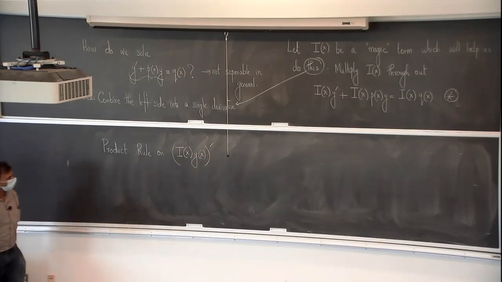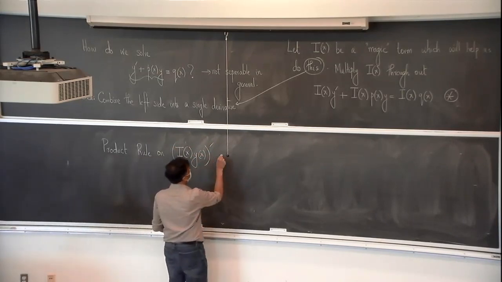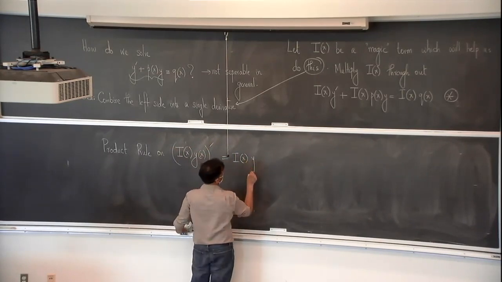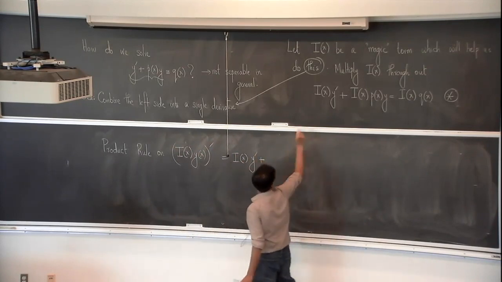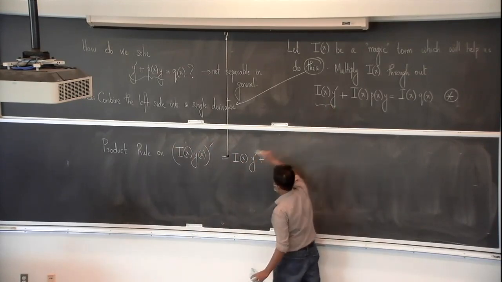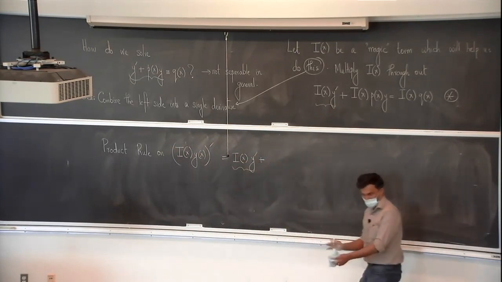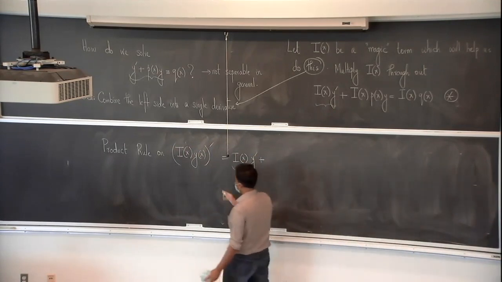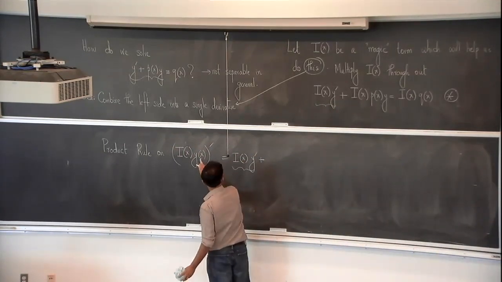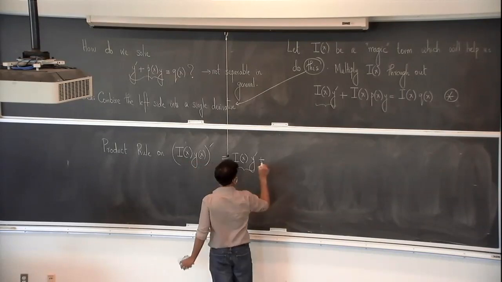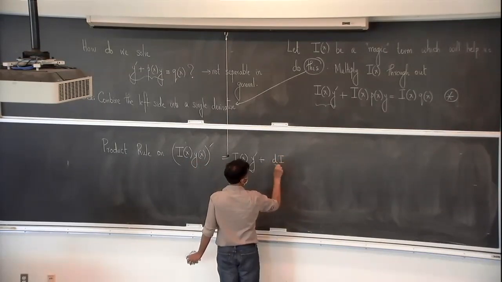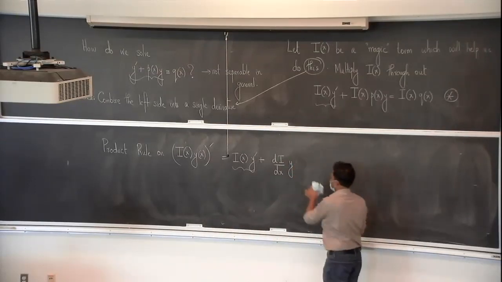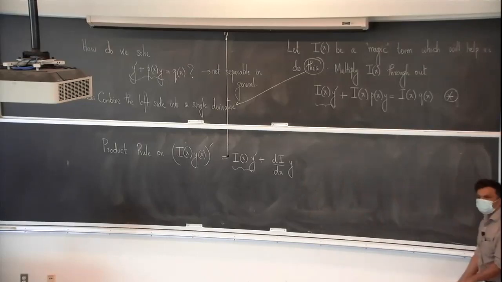This is your calculus 1. That's going to be I of x times y prime, or dy dx. That seems to be the first term here. So far we are making good progress. Plus the next term, where things get a little bit messy: plus y times the derivative of I, which is di dx times y. That is the derivative of the product.